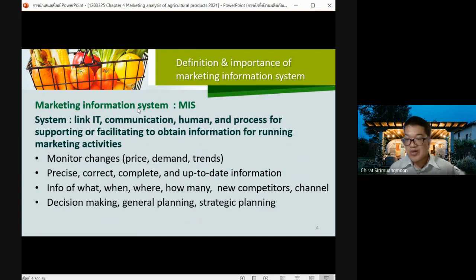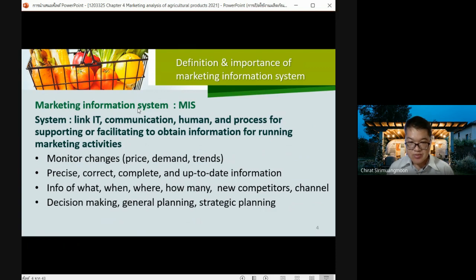It also tells you who your current competitors are, and what channel you need to use. Sometimes the channel changes over time. For example, in the past you might not have seen online purchase or delivery service being so popular. MIS will let you know the trend and what it will be next.